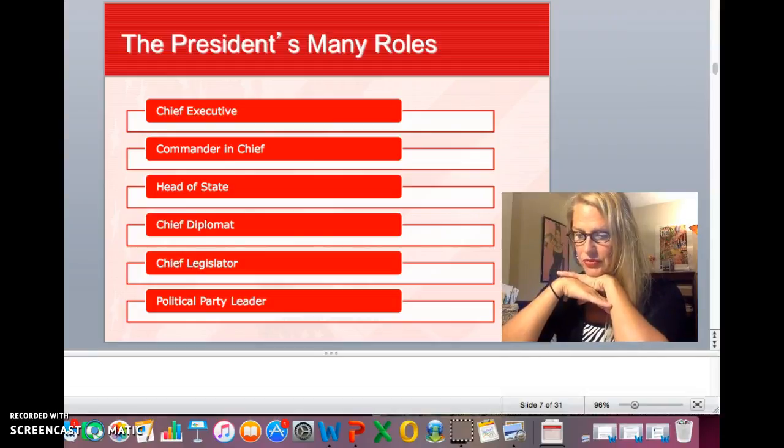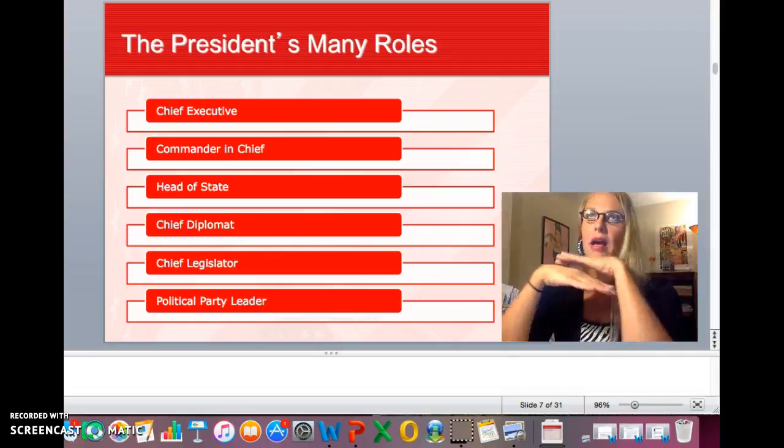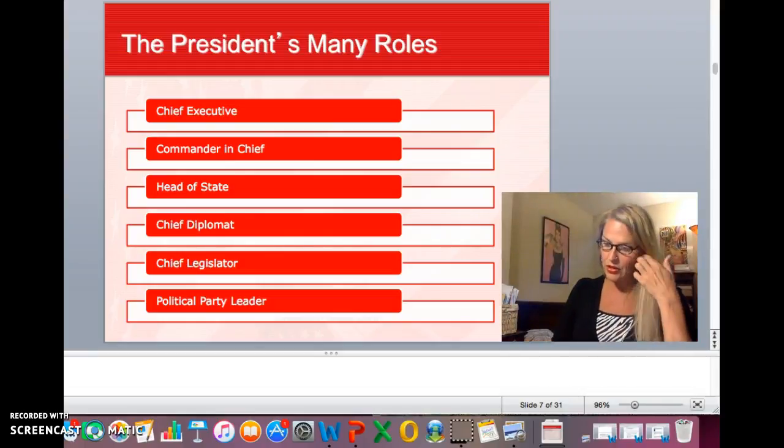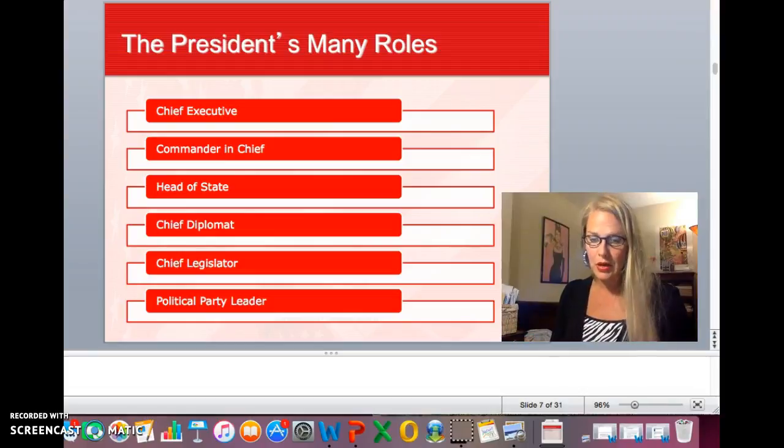He can grant reprieves, pardons, and amnesties. And I loved how they pointed out that a pardon can be a whole group. President Carter pardoned or gave amnesty to those who escaped the draft or did not agree with the Vietnam War.